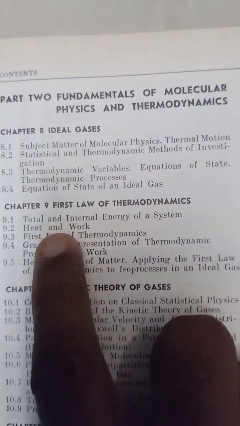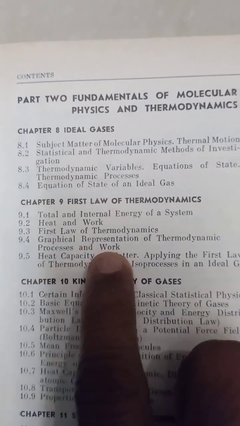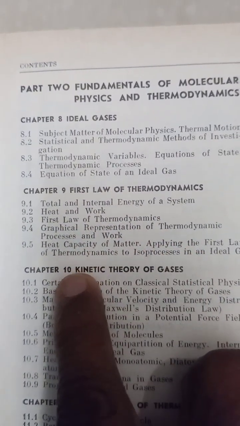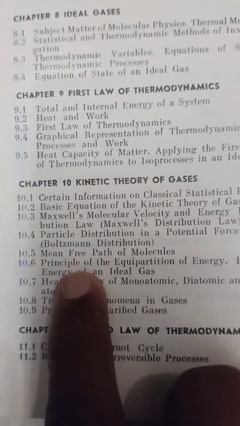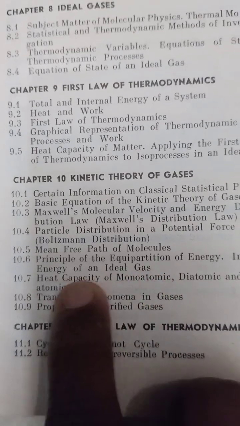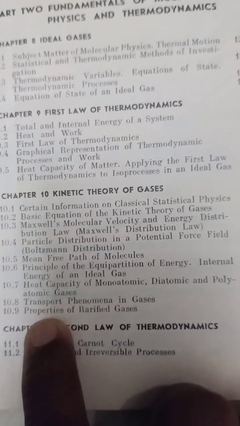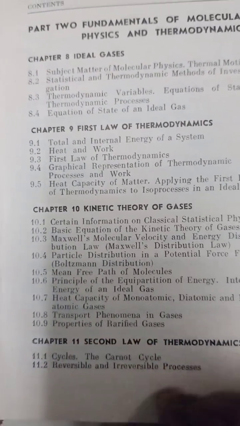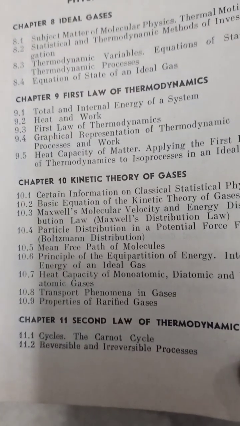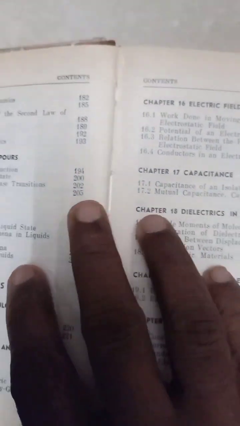Then the first law of thermodynamics, that is total and internal energy of a system, heat and work, graphical representation of thermodynamics. And then we find the kinetic theory of gases, where the mean free path of the molecule, principle of equipartition of energy, transport phenomena of gases, and properties of rarefied gas. And the second law of thermodynamics, the Carnot cycle, reversible and irreversible processes.